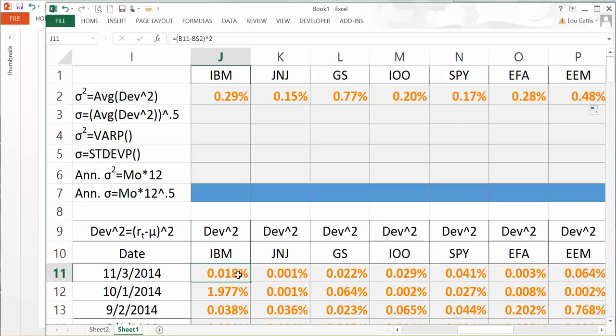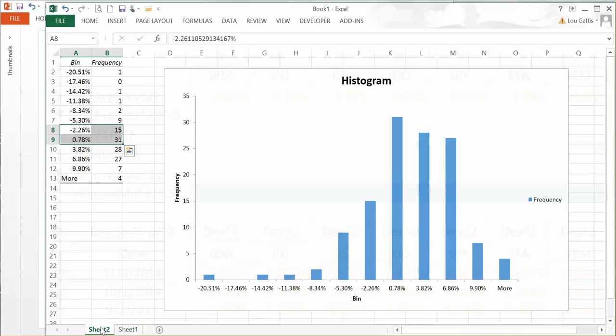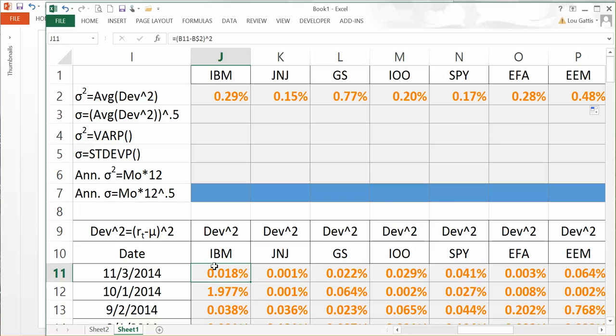Now the reason why we square it, well, if I go back to my histogram, here's my IBM, 66 basis points is the mean. If I were just to calculate the average deviation from the mean, so just take all these observations and take the average deviation from the mean, by definition, the mean was calculated such that the average deviation from the mean would be 0. So in other words, if I were to take the square out, all these numbers would turn out to be zeros.